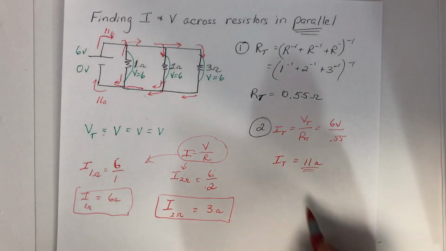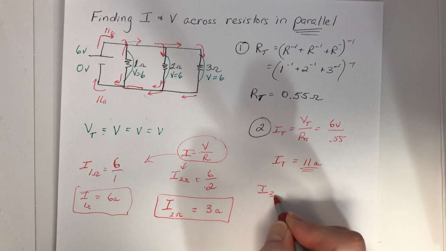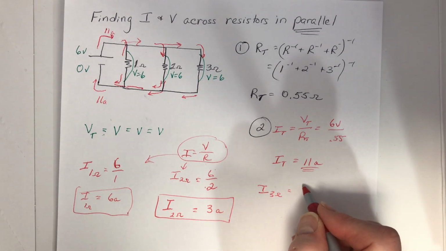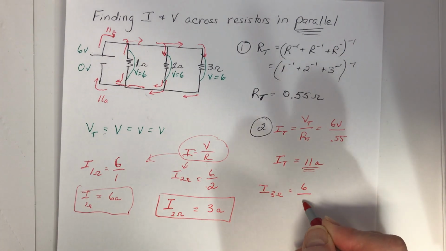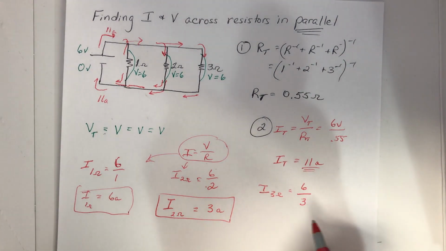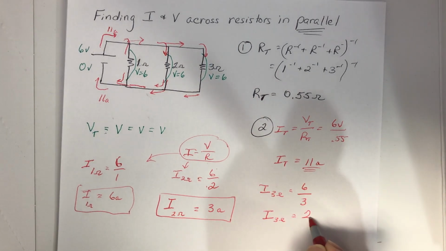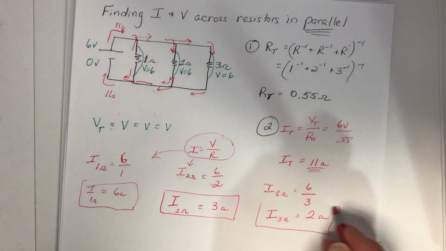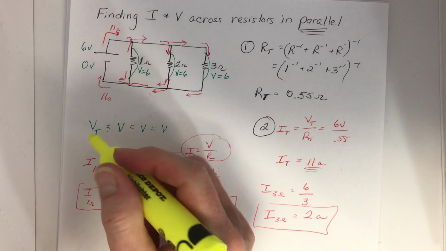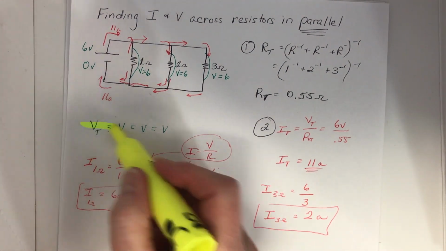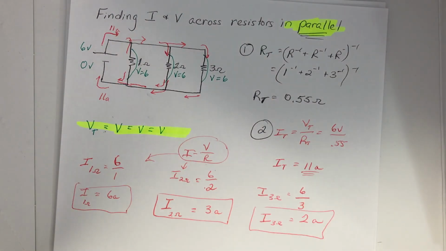And finally, the last one, the current for the 3 ohm resistor is the voltage drop across it over the resistance, and that turns out to be 2 amps. Just the opposite. Now remember, the voltage drops were all equal in a parallel circuit.